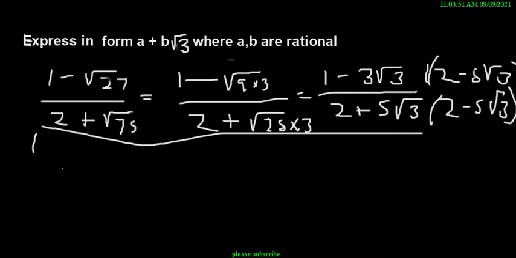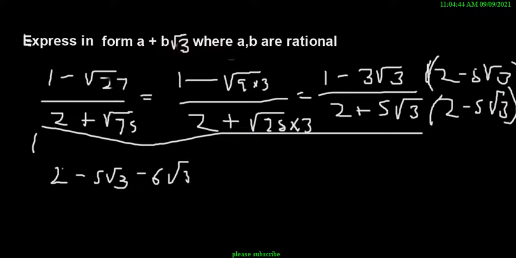Let me do this properly. 1 times 5 root of 3, that's going to be negative 5 root of 3, plus this, and 3 root of 3 times 2, that's going to be negative 6 root of 3.